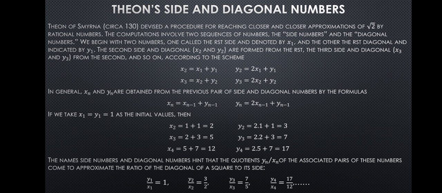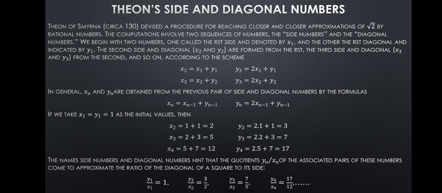For side and diagonal numbers, Theon of Smyrna, around 130, devised a procedure for searching for closer and closer approximations of square root 2 by rational numbers. The computation involved two sequences of numbers, the side numbers and the diagonal numbers.